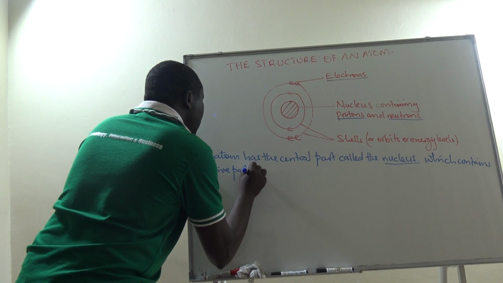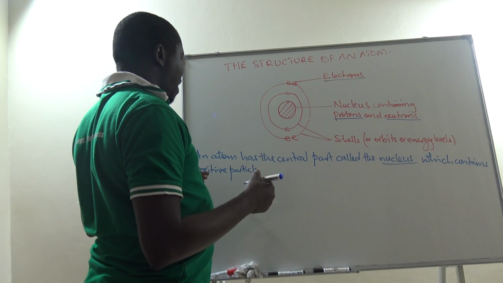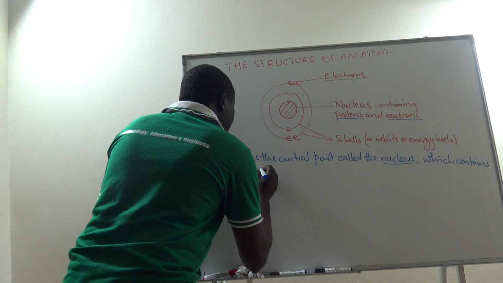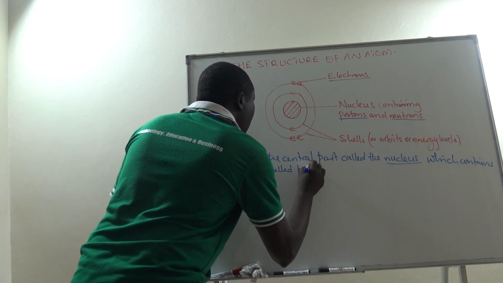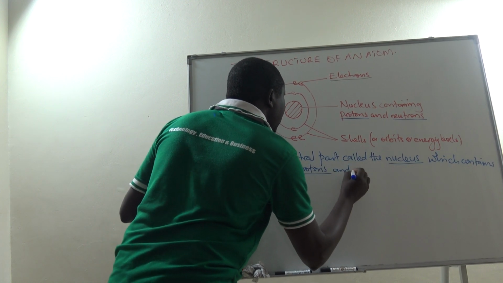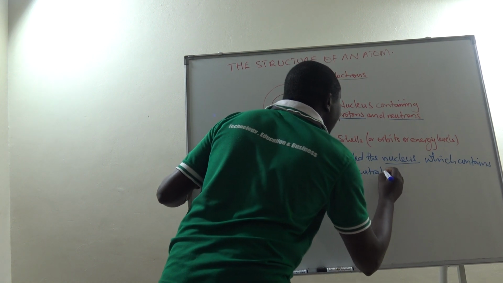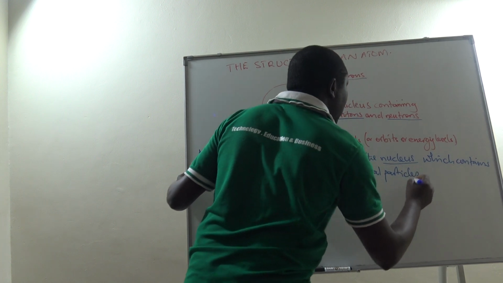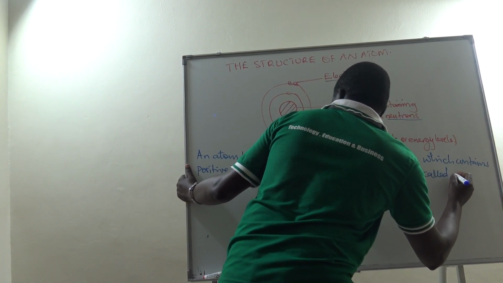We are trying to introduce these subatomic particles one by one and their charge sign. So in this case, we have got positive particles called protons and neutral, that means chargeless particles, the ones bearing no charge, called neutrons.